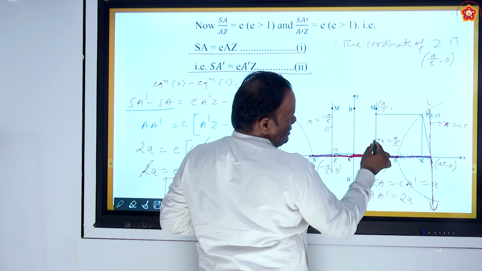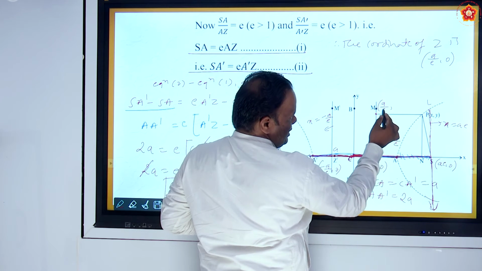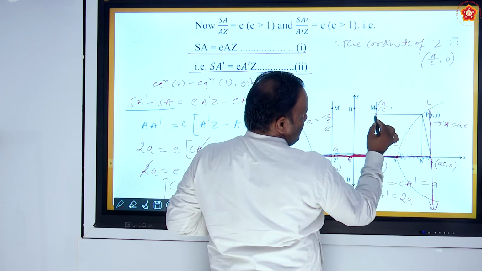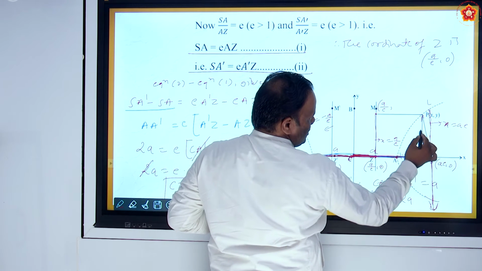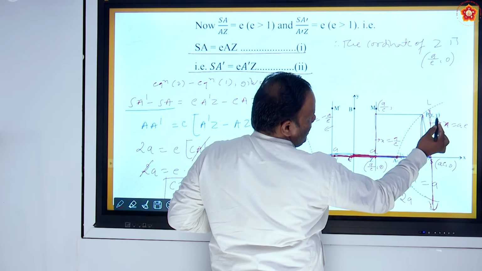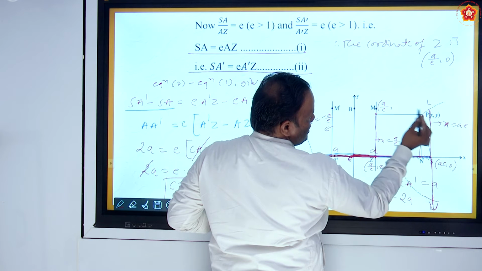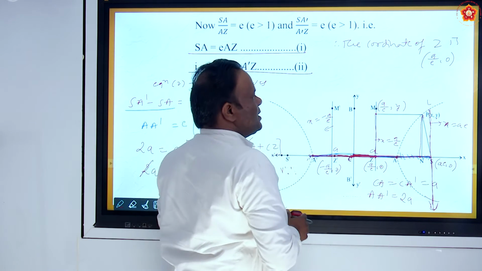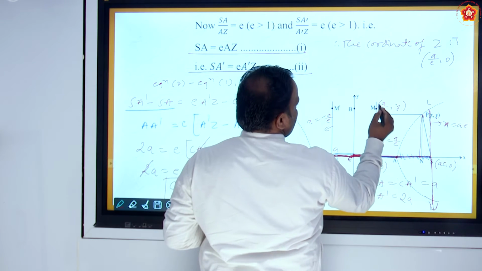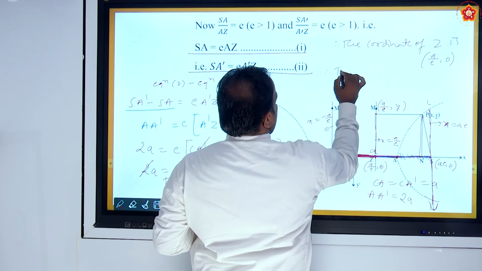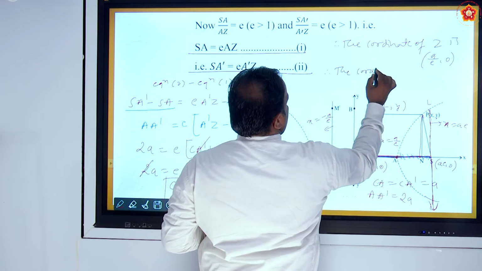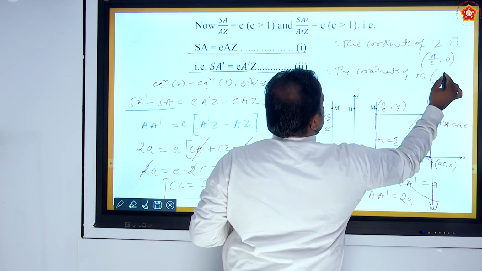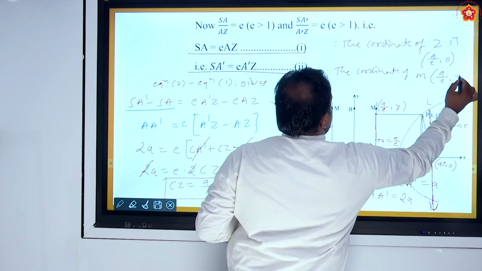You take any point on this line, directrix x is a by e, comma, here it is 0 because the point lies on x axis. But here this length and this length both are the same. What is the value of y coordinate here? Y value is y. Here also y. Therefore, the coordinates of M is a by e comma y.